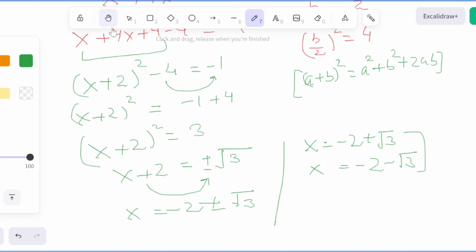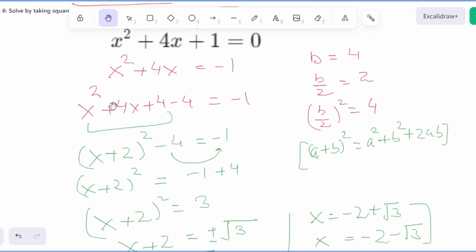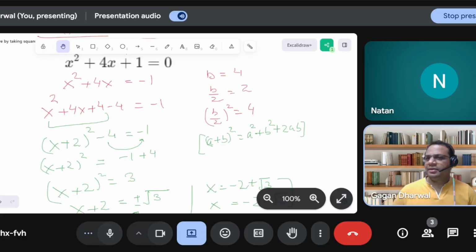Let's have a small revision. The equation was x square plus 4x plus 1 equal to 0. We took the constant term to the right hand side. We figured out the coefficient of x, we halved it and we squared it. Whatever answer we get after squaring it, we have added and subtracted on the left hand side. Now we made an identity a plus b raised to power 2 and moved the minus 4 to the other side.